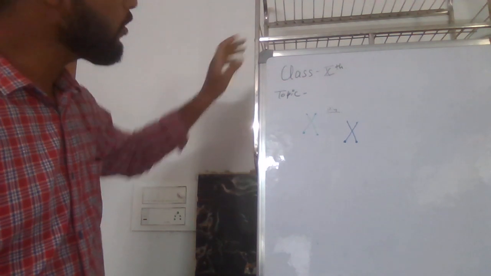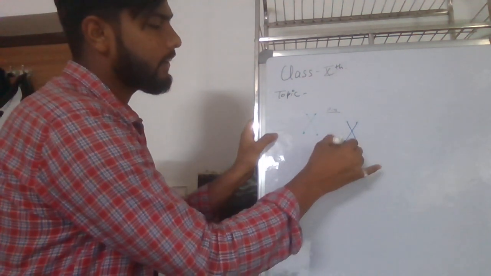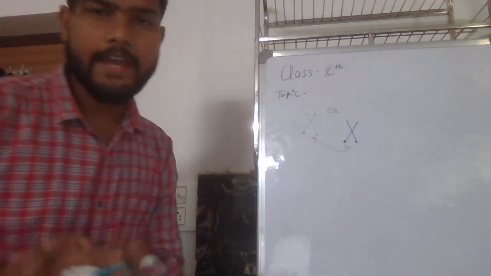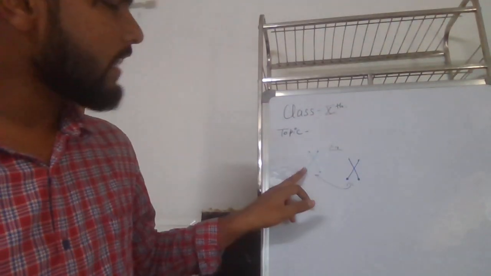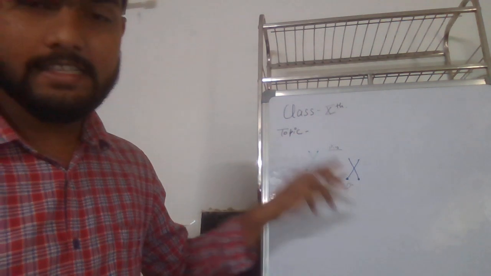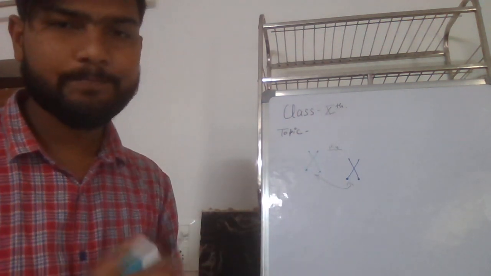Okay, so we use this pin. You can see there are two types of pin, one is green and one is blue. Can you tell me the difference between the two? You can consider this one as silver and this one as brown. What is the difference between these two objects?